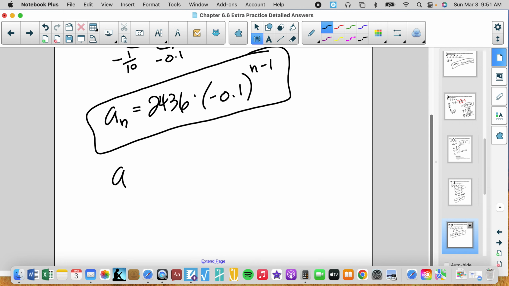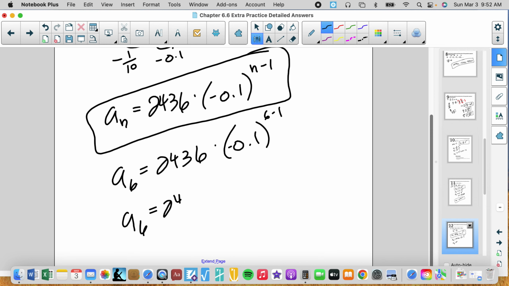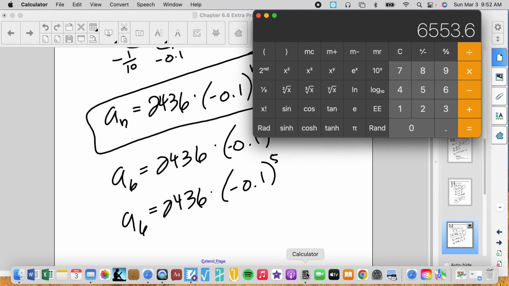And we find the sixth term, 2436 times negative 0.1 to the 6 minus 1. A to the 6 equals 2436 times negative 0.1 to the 5th, which will be a negative number with 4 zeros.